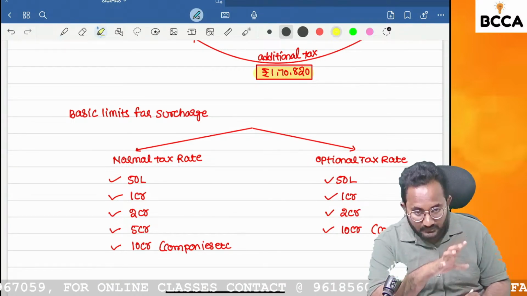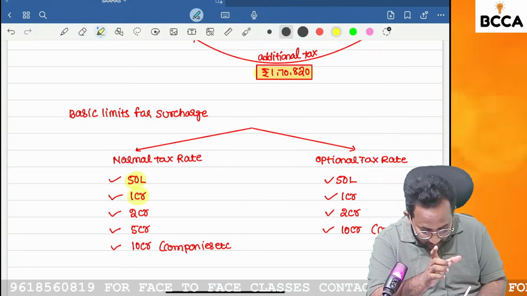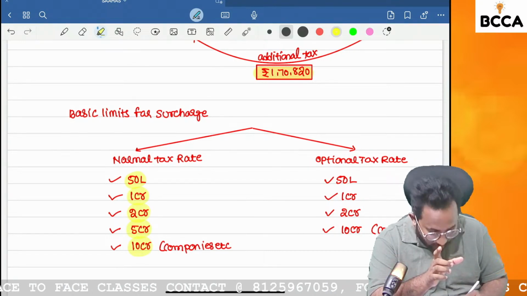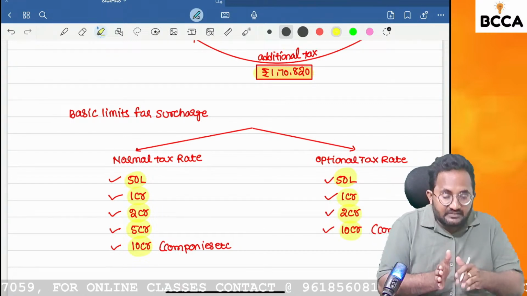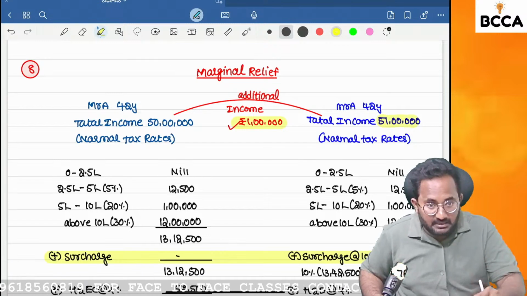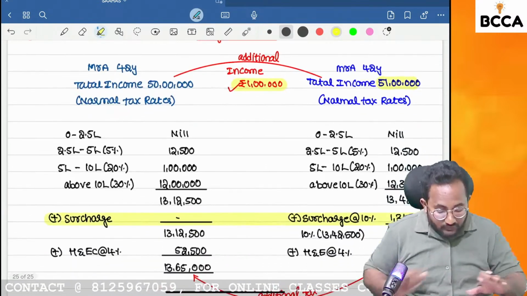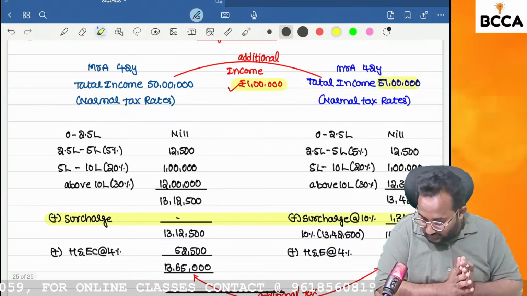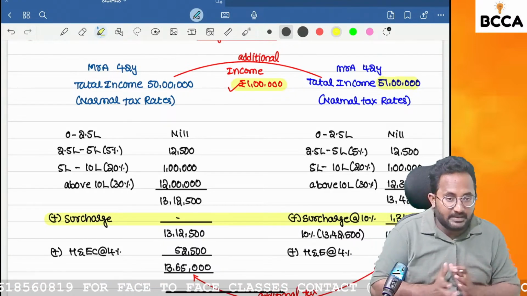Sir, in exams, if any amount as total income is given as 50 lakh, 1 crore, 2 crore, 5 crore, 10 crore, or 50 lakh, 1 crore, 2 crores, 10 crores. In addition to that, yes, sir, if any 1 lakh income, 2 lakh income or 3 lakh income is given, definitely if you find out the tax liability in these two cases, what will happen?